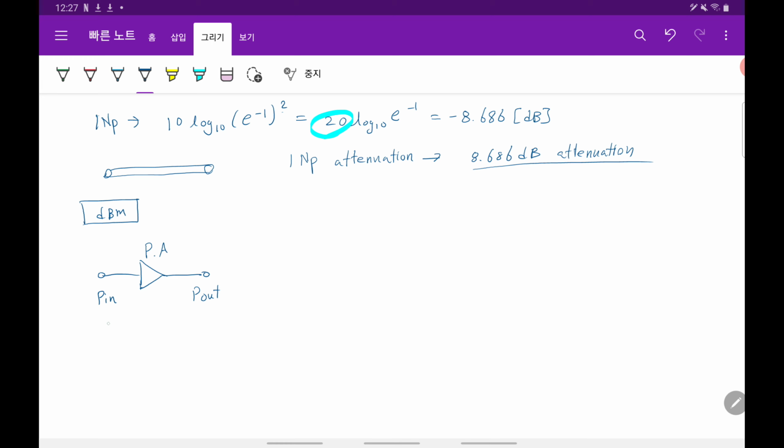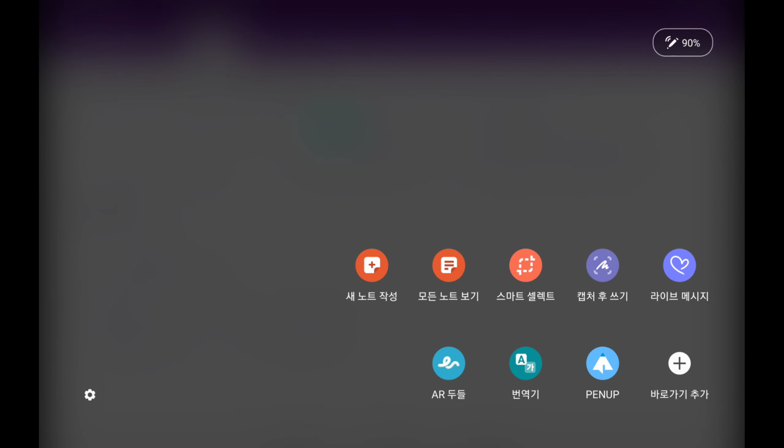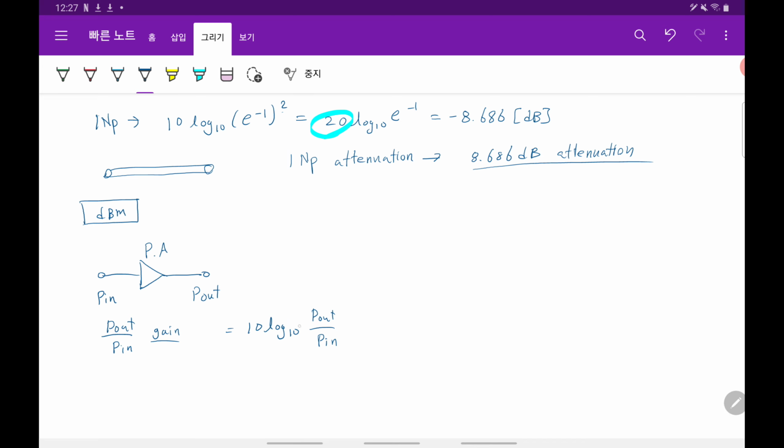Normally in linear scale, P out over P in is the gain, right? And if we represent this gain in dB, because this is power level, we just put 10 times log 10 of P out divided by P in. So we call this gain in dB scale.